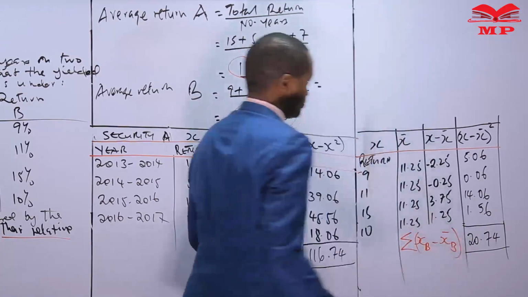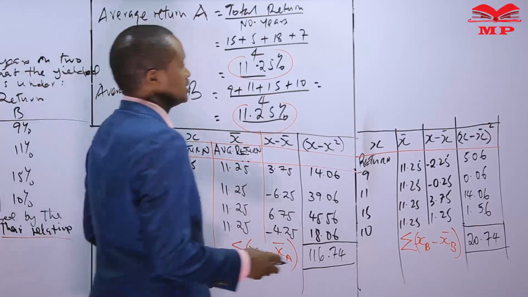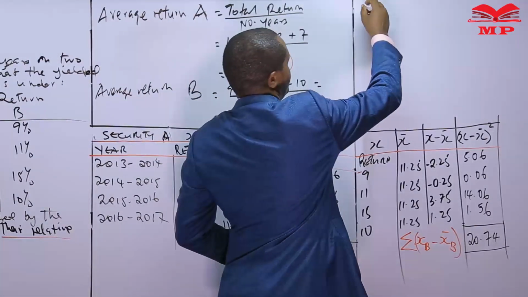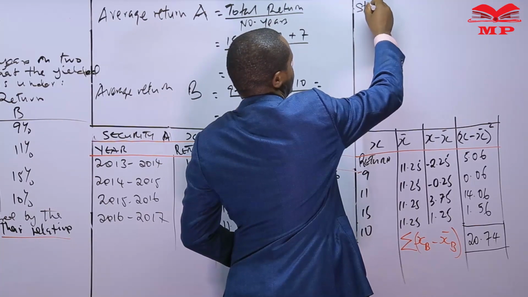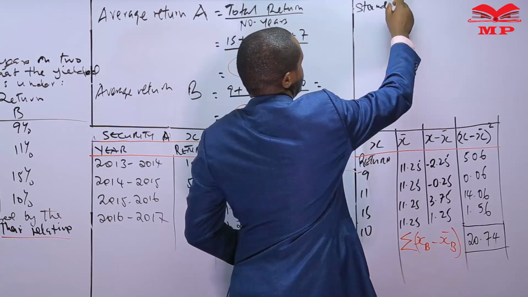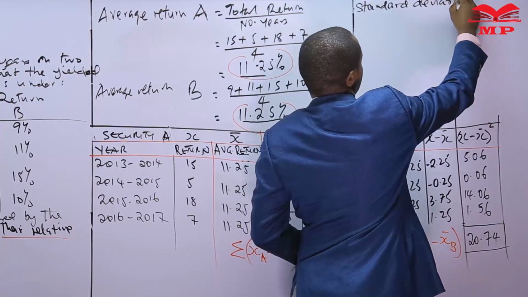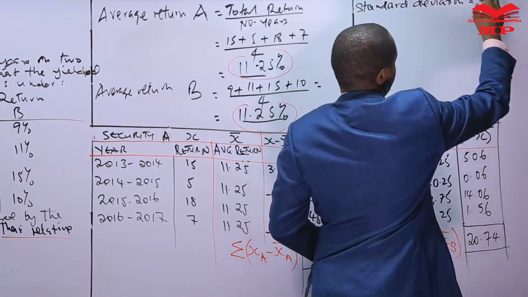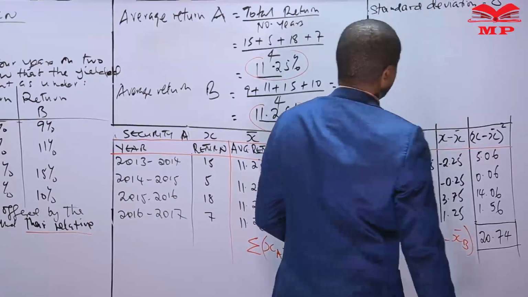This is the summation. So the question is requiring us to calculate the standard deviation, which is abbreviated as sigma.